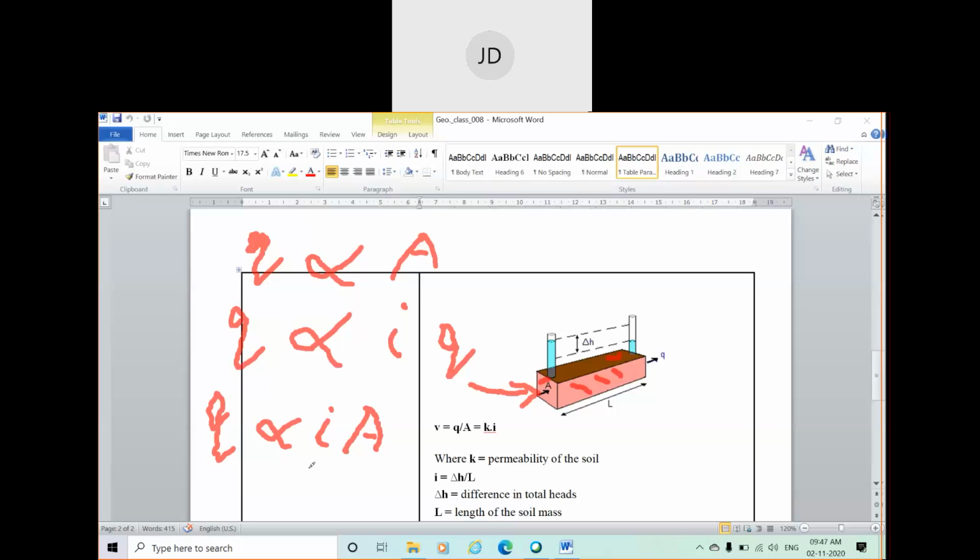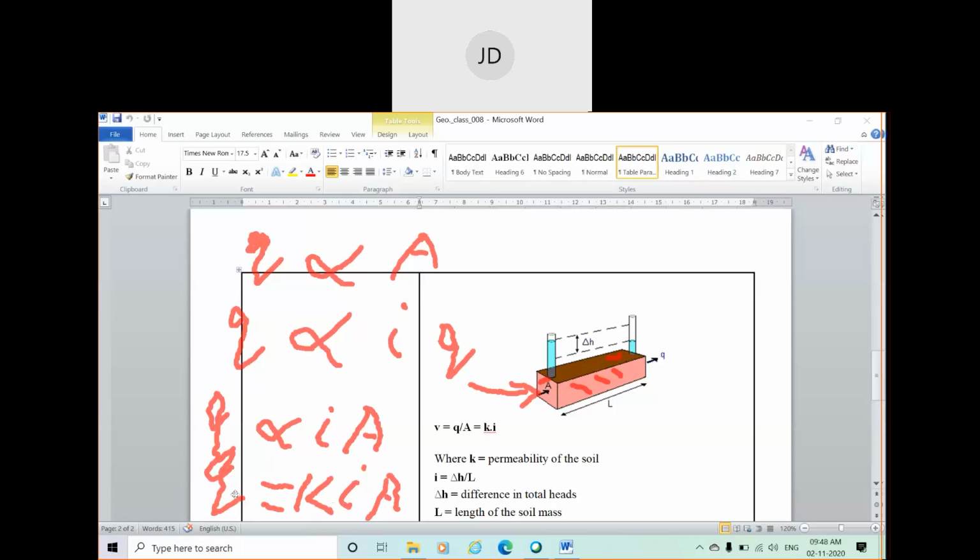Now, if we replace this proportional symbol with an equal symbol by introducing a constant, we can write Q equal to K I A.